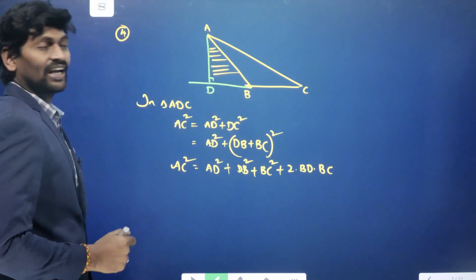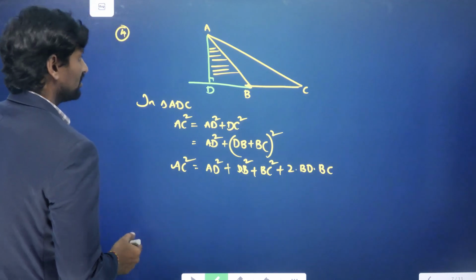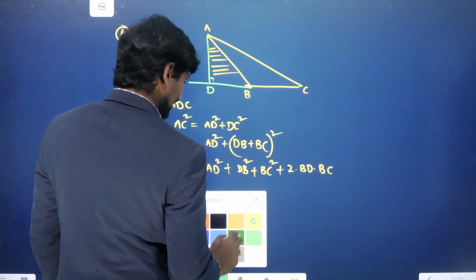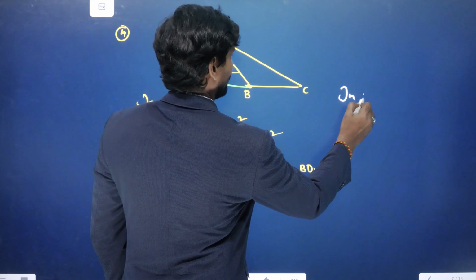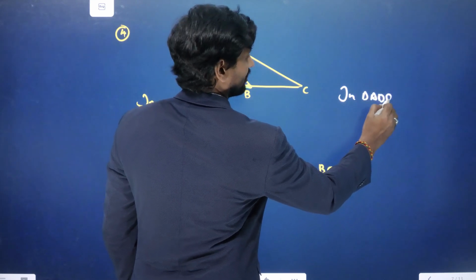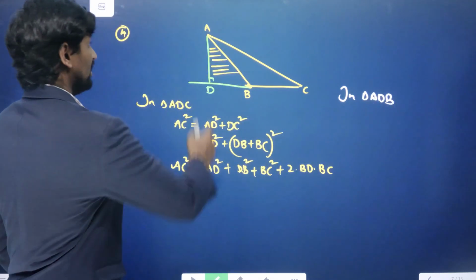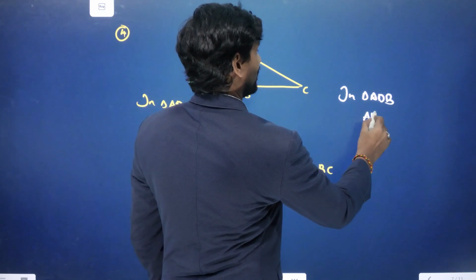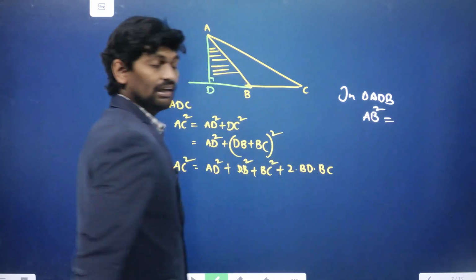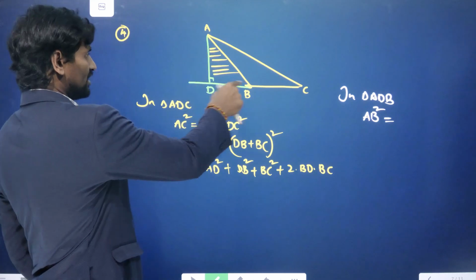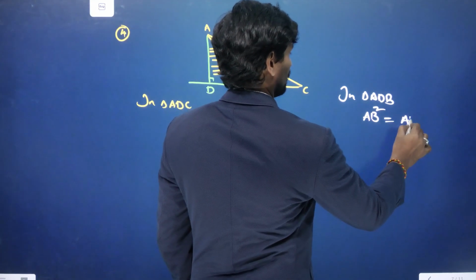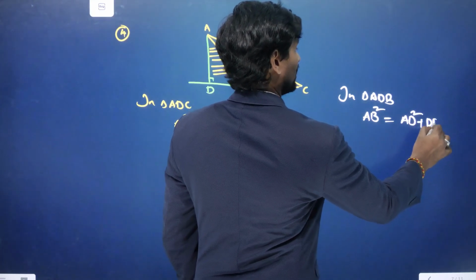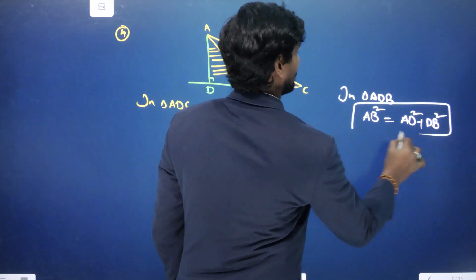This is also a right angle triangle, ADB. Okay? So in right angle triangle ADB, the hypotenuse AB square equals AD square plus DB square by using the Pythagoras theorem.